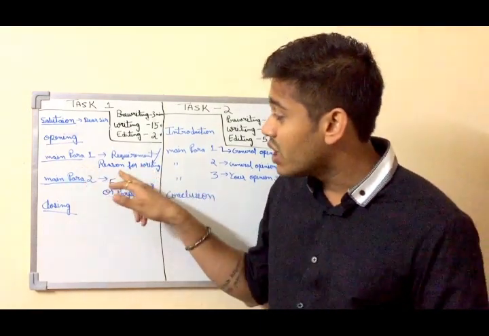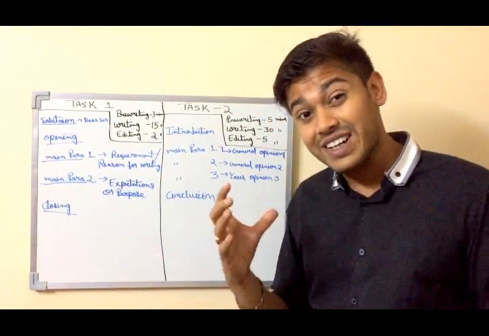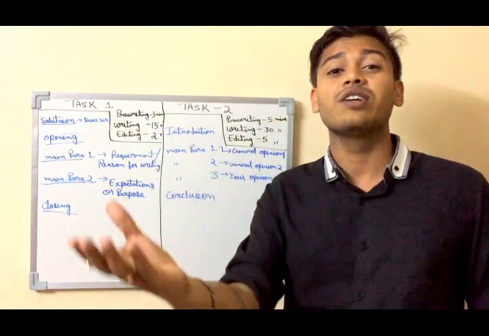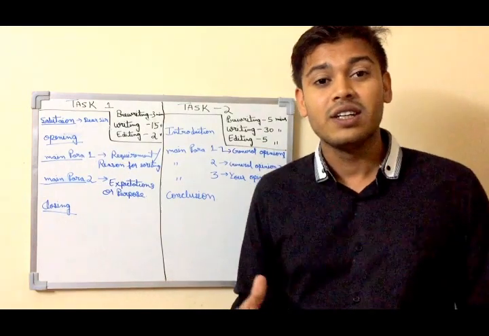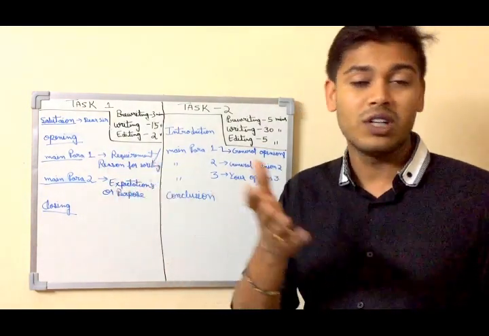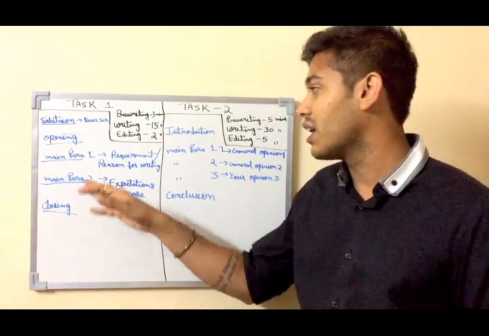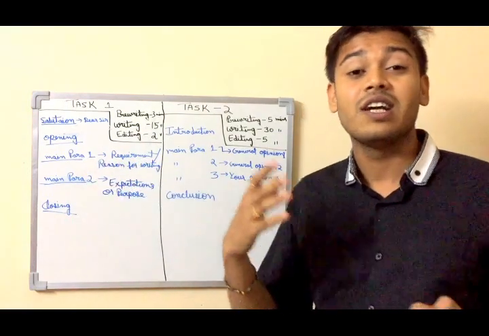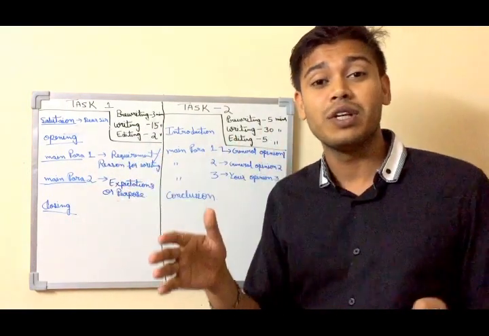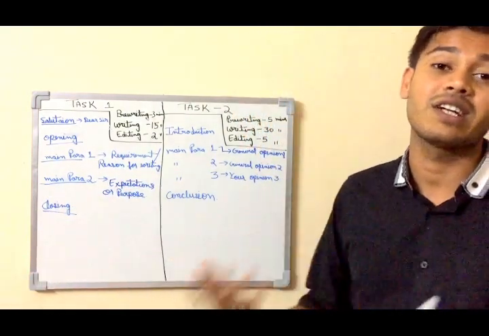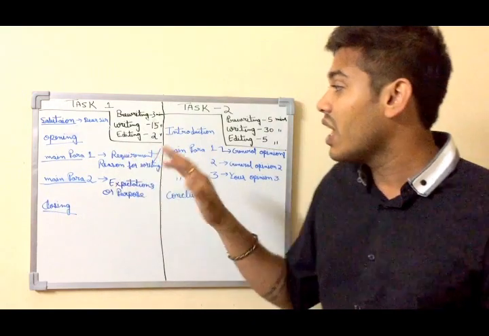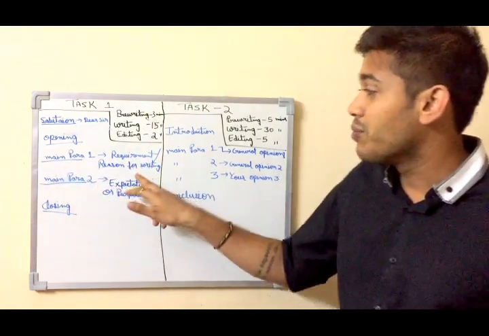So in main para 1, we need to write the reason why we are writing. Suppose in a formal letter you are writing to an editor and complaining about a factory, you can start like, I am writing this letter to complain about so and so company, as they are doing these things which are affecting our health. So likewise you can start the main para.